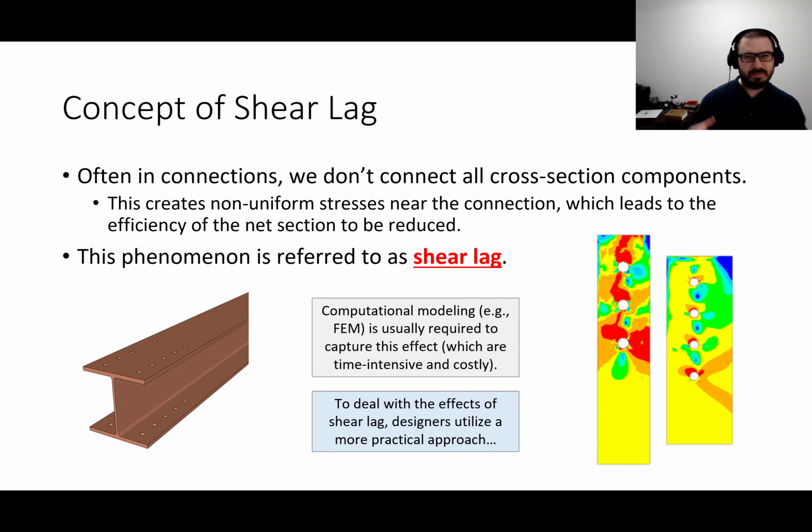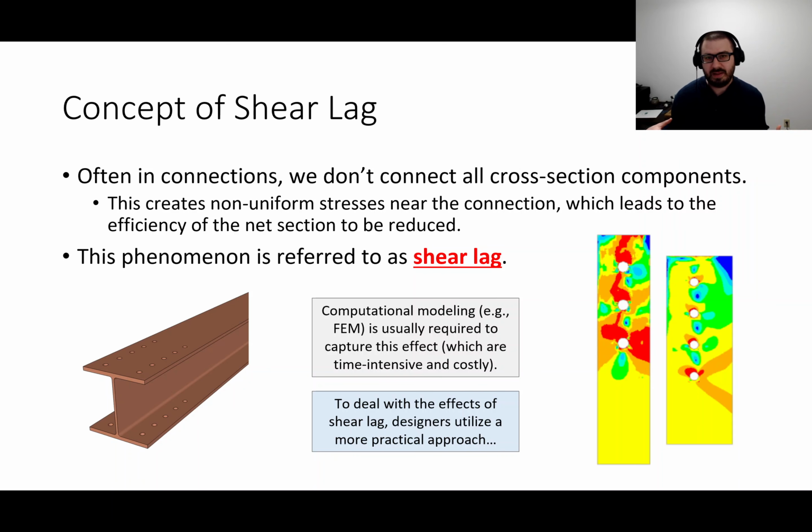But just to state this very easily, whenever we're looking at connections, we often don't connect all of the cross-section components. And that might be an odd thing to say, but the easiest way to describe what's going on is looking at the image on the bottom left.